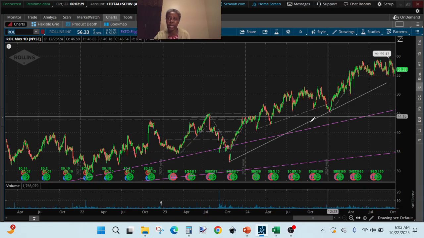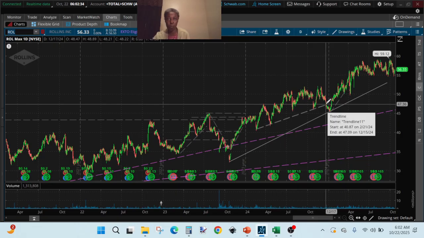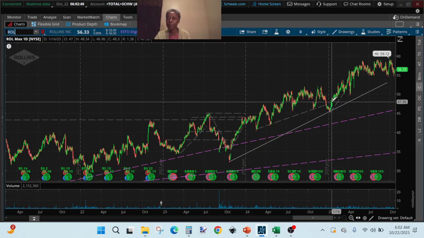So we pretty much analyze the chart, paying attention to the red bar, which we call a pullback, a drop in price that day, and a green bar, a rise in price that day.